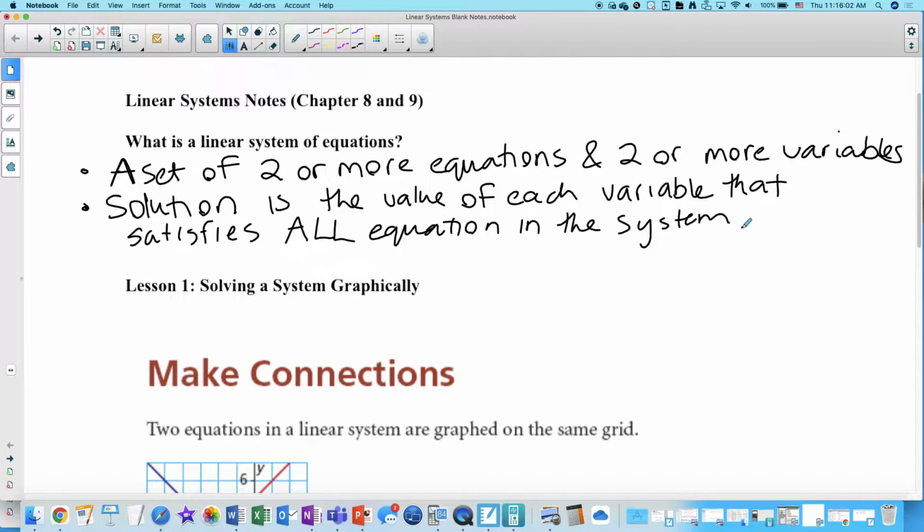Okay, so in this course, by the way, we're only going to look at systems of linear equations in two variables. The rule of thumb is that you have to have the same number of equations as variables to solve the system. If you have 3 variables and 2 equations, you don't have enough information.